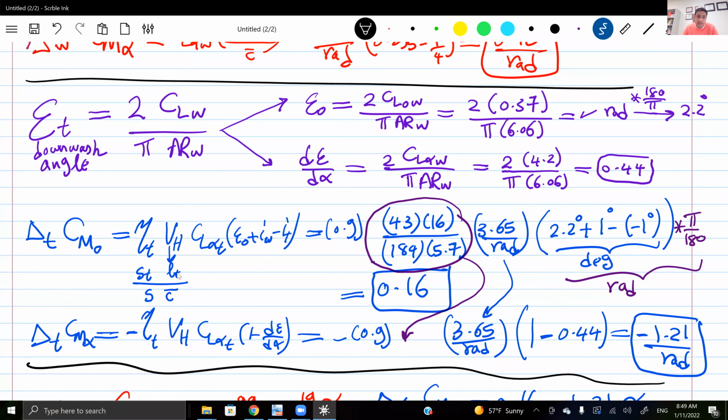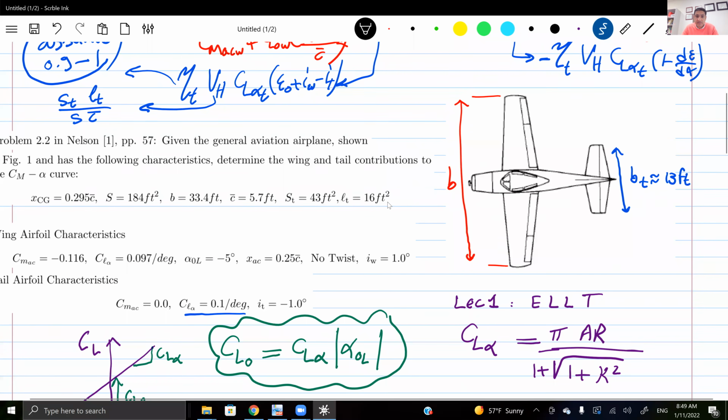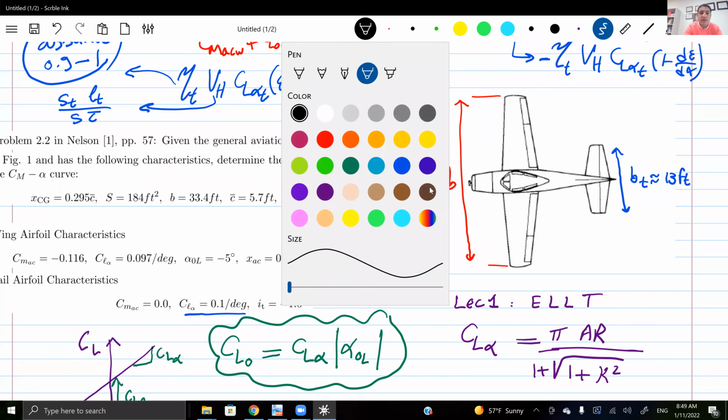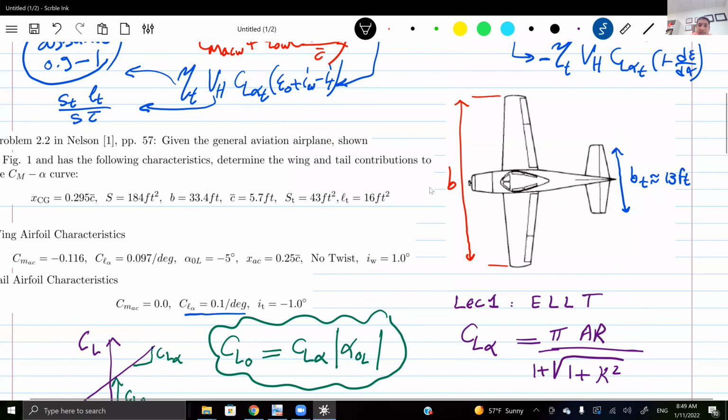L tail alone has a unit, but the problem shows the LT in feet square, 9 feet. Yeah, sure. LT is 16 feet. Yes, thank you. So he's saying that this shouldn't be feet square. This is feet. Yes, you're totally correct. Thank you.